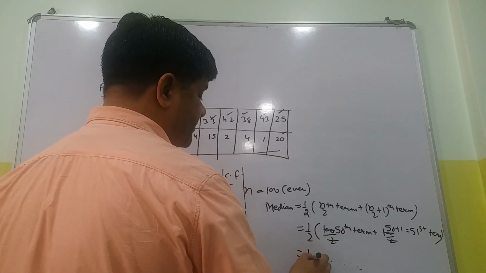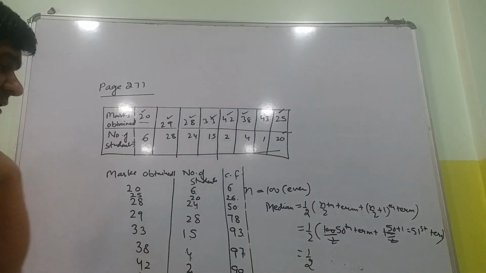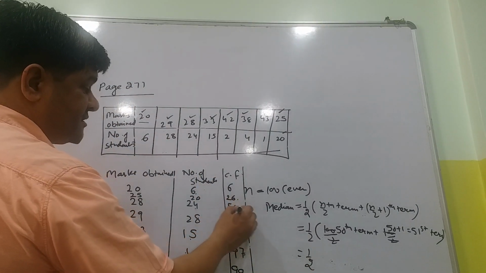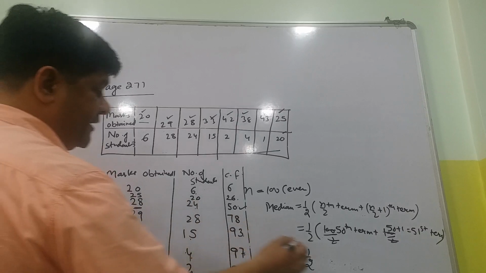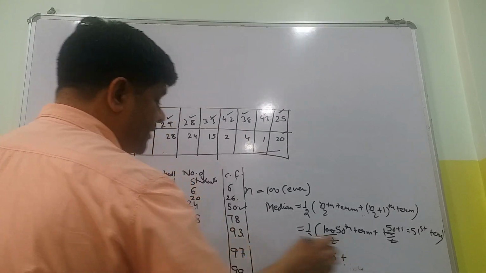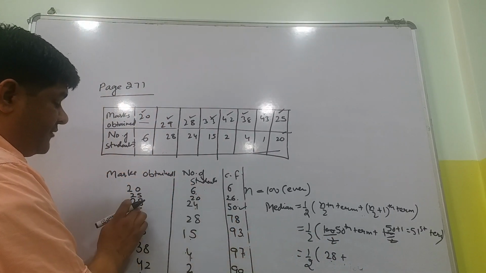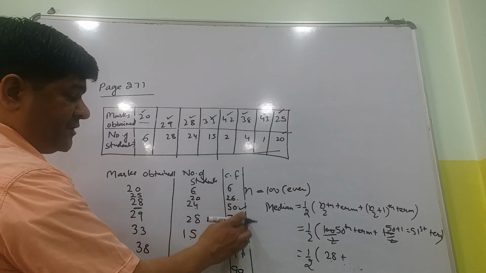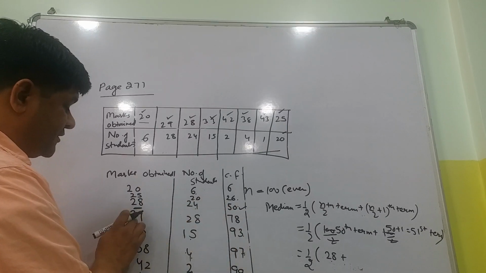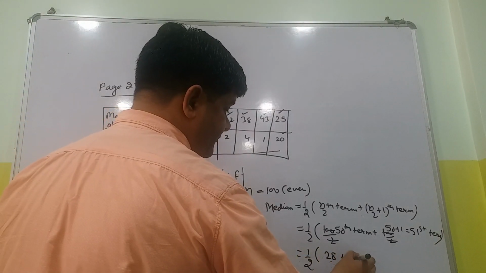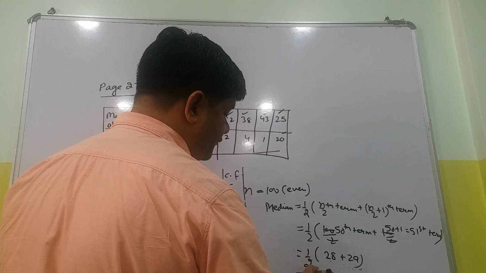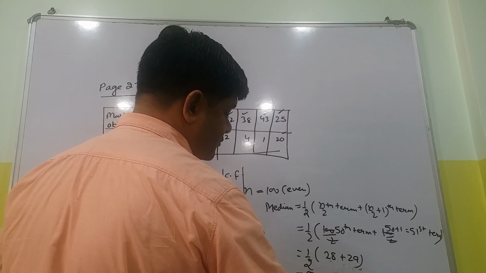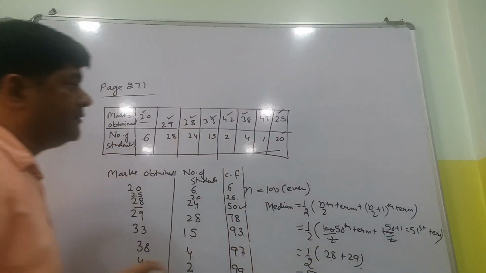So you have to take the average of the 50th and 51st terms. The 50th term has value 28. Then the 51st term has value 29. So 57 over 2. So median comes out to be 28.5.